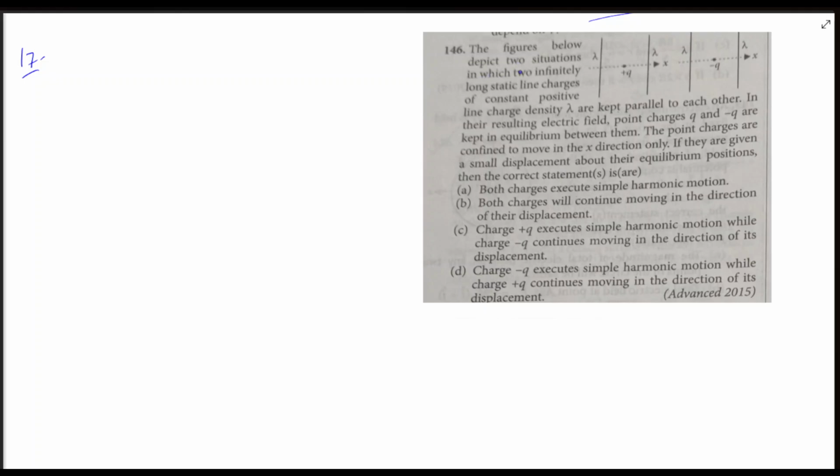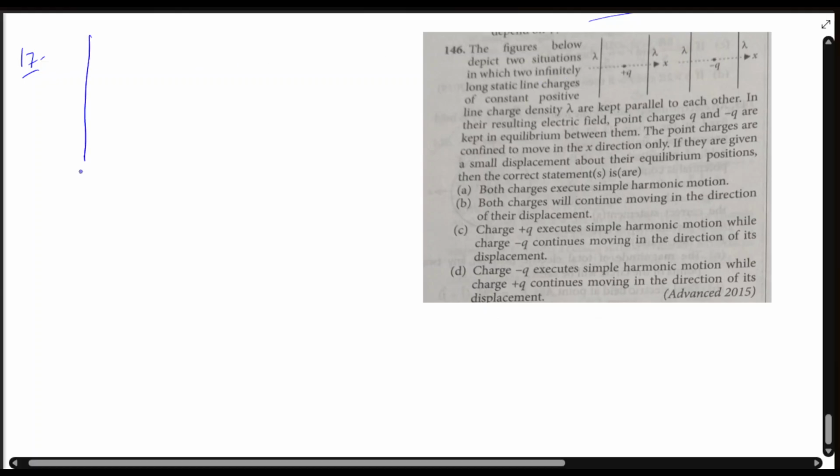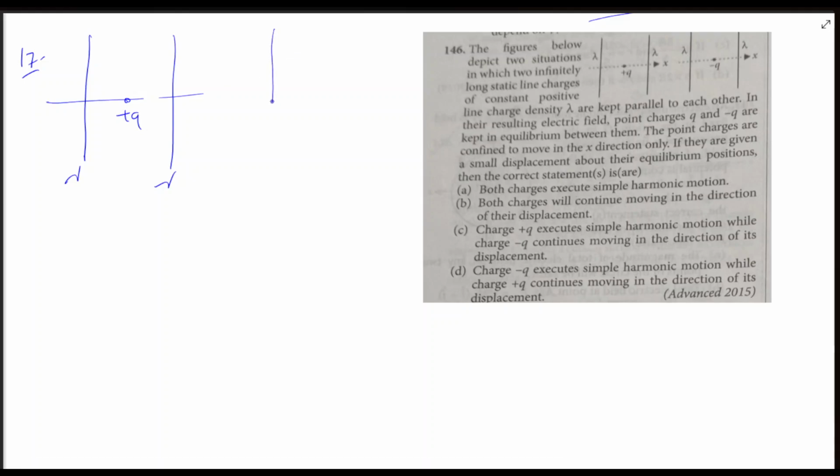The figure below depicts two situations in which two infinitely long static line charges are parallel to each other. Okay, so these are two different situations. In one situation, this is lambda, and we have plus q here. This is again lambda, this is again lambda, and this time we have minus q, in equilibrium between them.